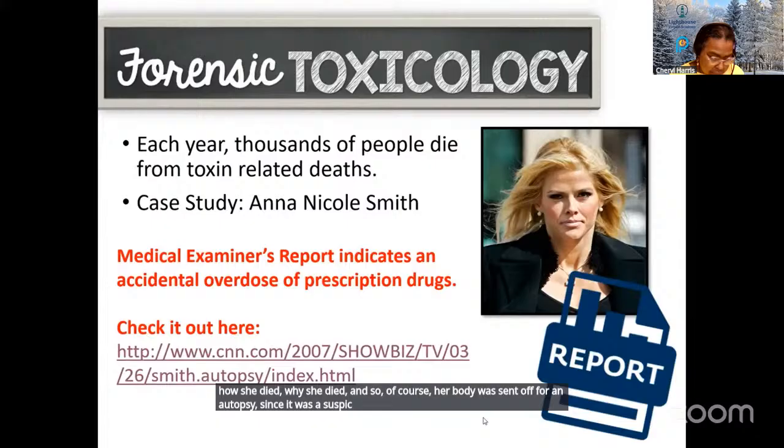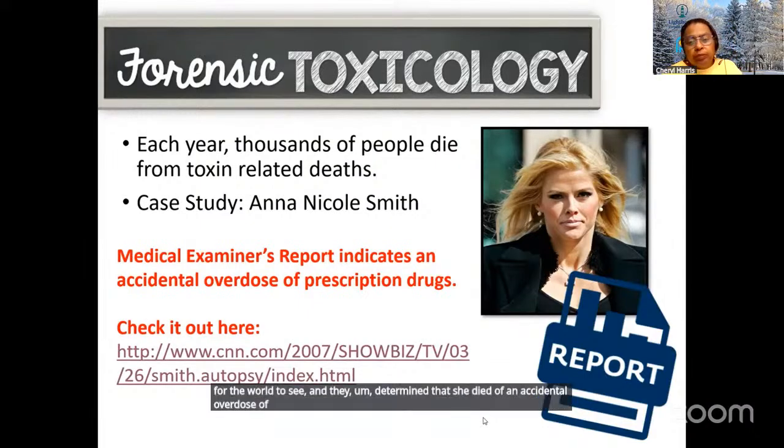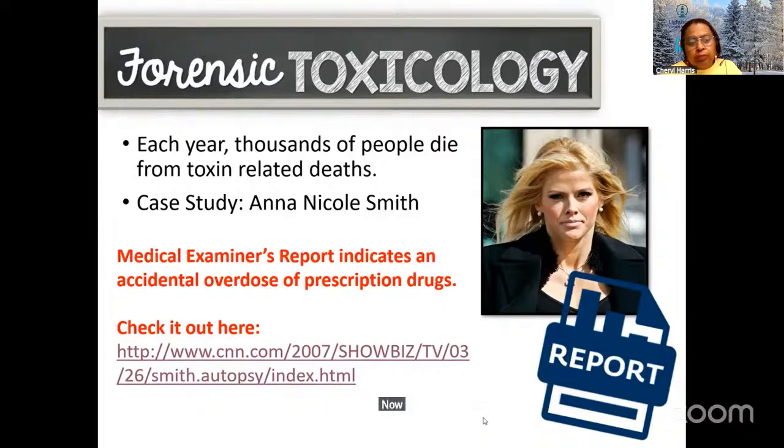And a medical examiner produced an autopsy report for the world to see. And they determined that she died of an accidental overdose of prescription medications. Now, the medical examiner had to work with the pathologist and had to work with the forensic investigators to figure this out.